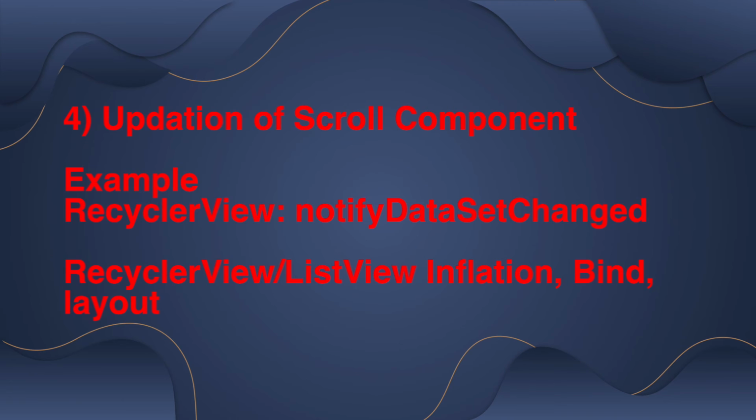The next root cause of problems is updating of scrollable components, for example updating the RecyclerView using notifyDataSetChanged, or RecyclerView or list view inflation, bind or layout. Those methods can cause UI rendering issues.